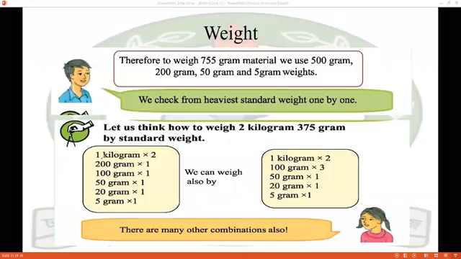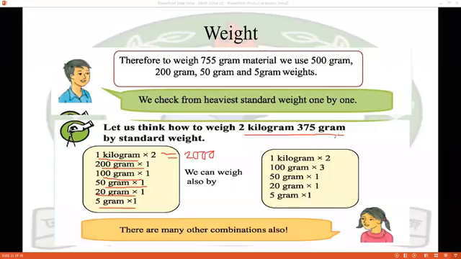We use the 1 kilogram standard weight 2 times, which is equal to 2 kilogram, that means 2000 gram, and use one 200 gram standard, one 100 gram standard, one 50 gram standard, one 20 gram standard, and one 5 gram standard. They all are equal to 2 kilogram 375 gram.